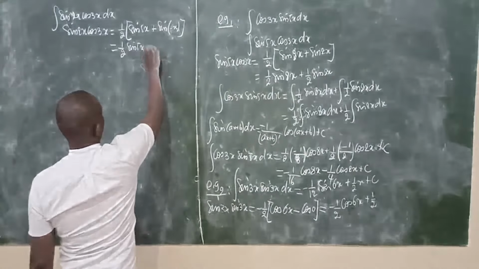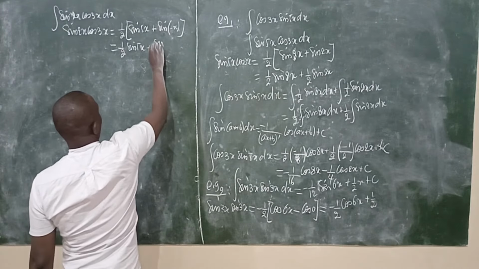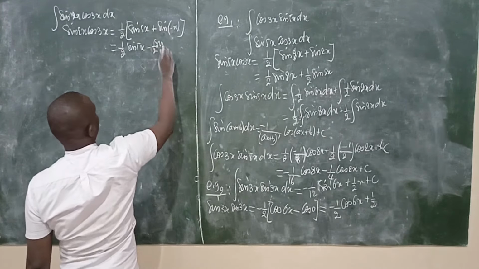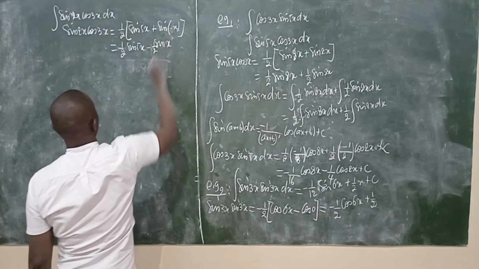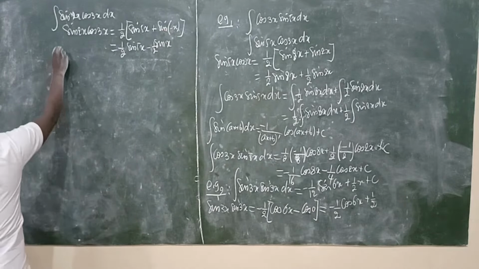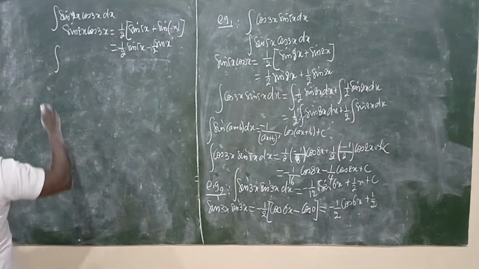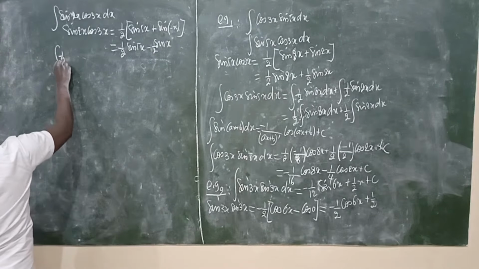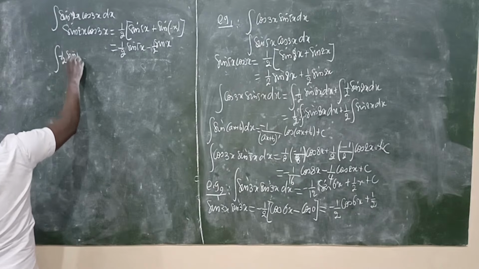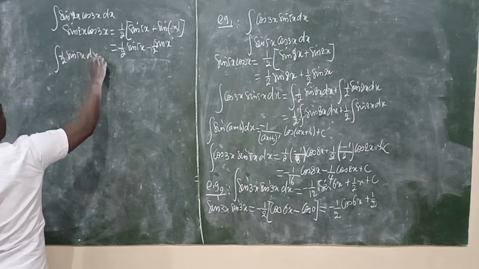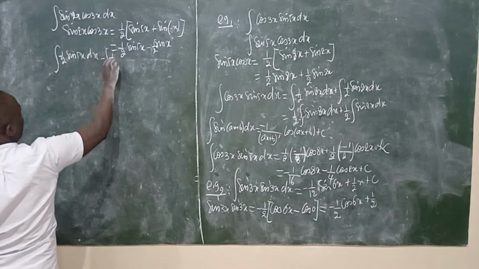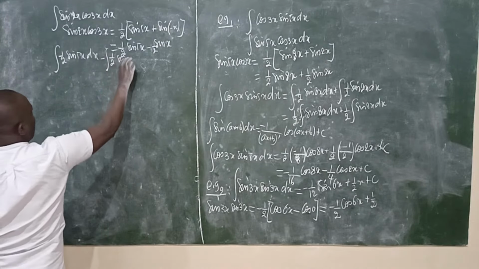That's why this is minus a half of sine x. So the integral is going to be the integral of 1/2 sine 5x dx minus the integral of 1/2 sine x dx.